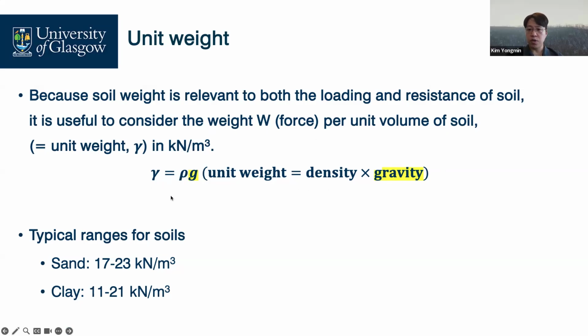This is our unit weight. Typically, for sand soils the unit weight ranges from 17 to 23, and clay is 11 to 21. These are the typical ranges of the soils.